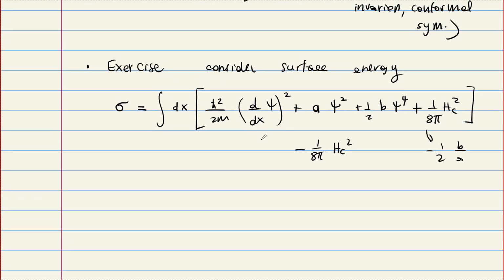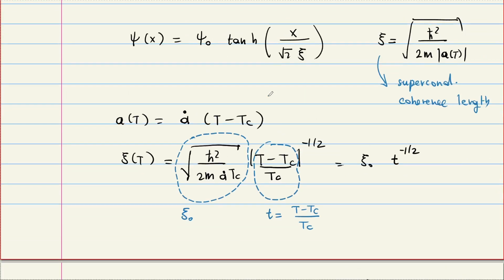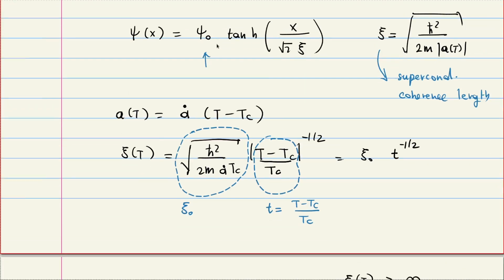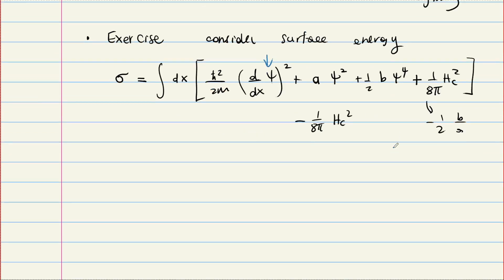Now psi is given here. You can plug it in, right? There's a tanh derivative, there's tanh squared, and there's tanh to the fourth, and there's some constant here. Mathematica takes all of these integrals for you. You just need to organize the parameters and put this integral in a dimensionless form. At the end, what you find is something like this.